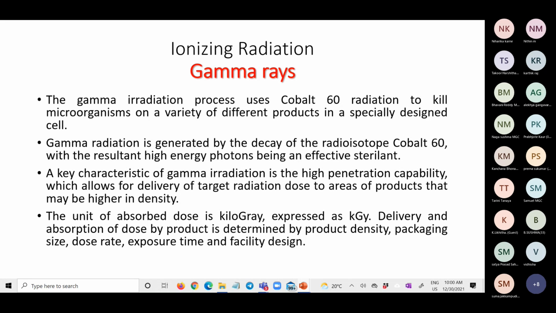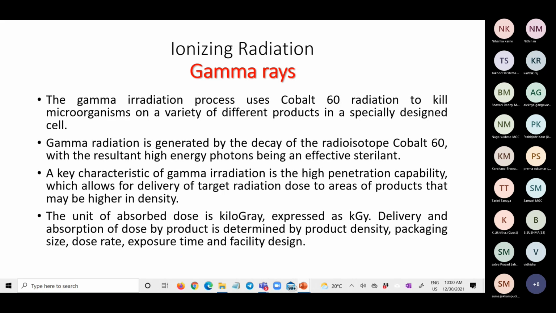Okay, so this way you can see how gamma radiations are used. Here we are using the radioisotope cobalt-60. The decay of cobalt-60 will take place, and as a result of this decay, high energy photons will be produced, and these high energy photons will be used for the sterilization. Again, they need big instrumentation where we will do all these irradiation sterilization activities.